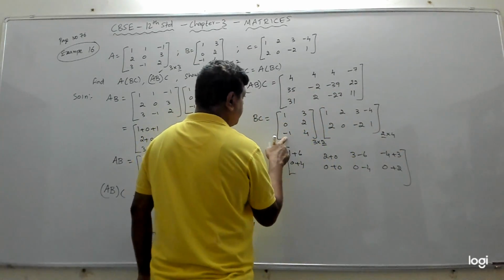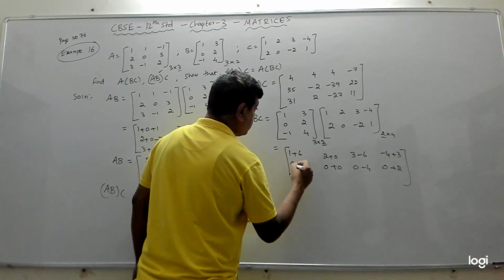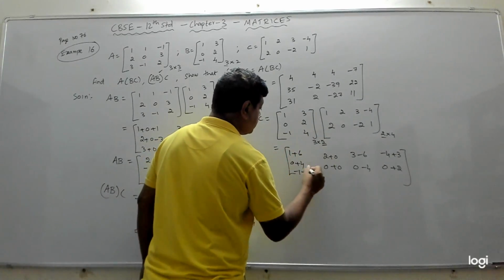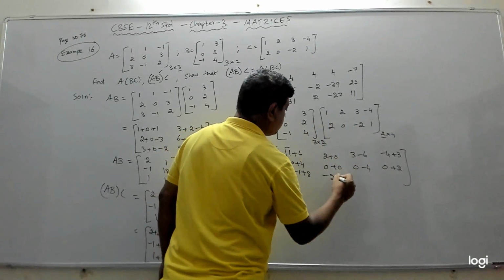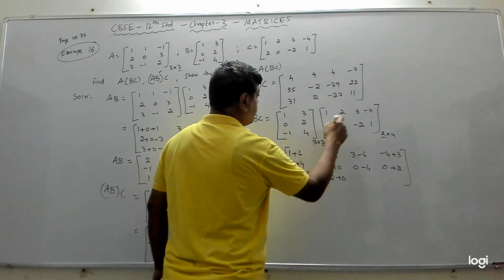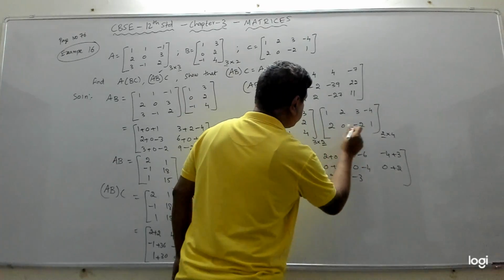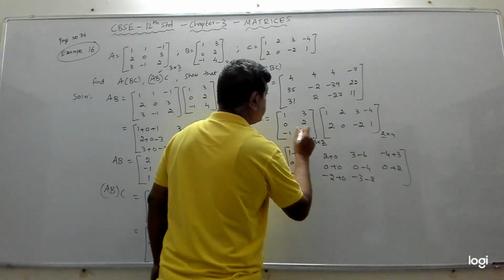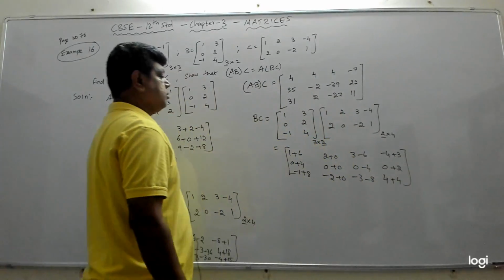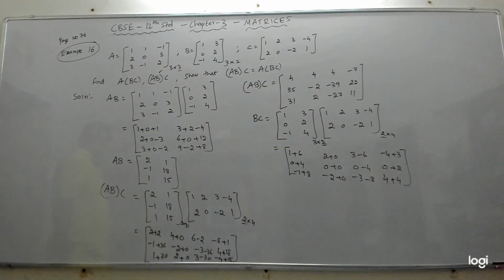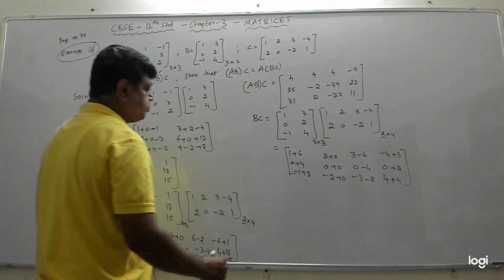So minus 1 times 1 is minus 1, 4 times 2 is 8. Minus 1 times 2 is minus 2, 4 times 0 is 0. Minus 1 times 3 is minus 3, 4 times minus 2 is minus 8. Minus 1 times minus 4 is plus 4, 4 times 1 is 4. So if you add them, what do we get?